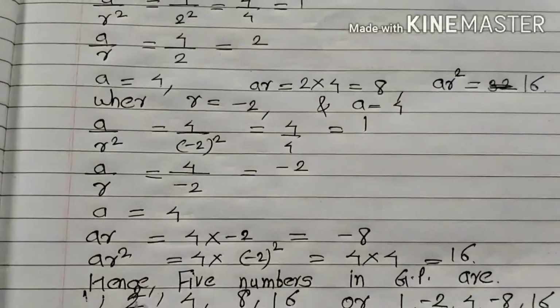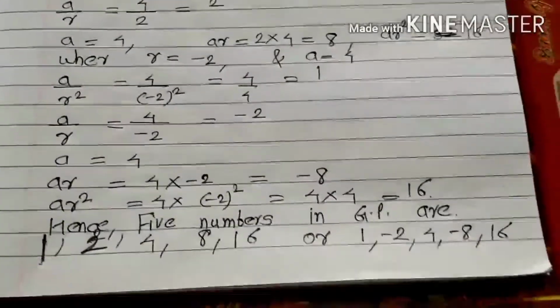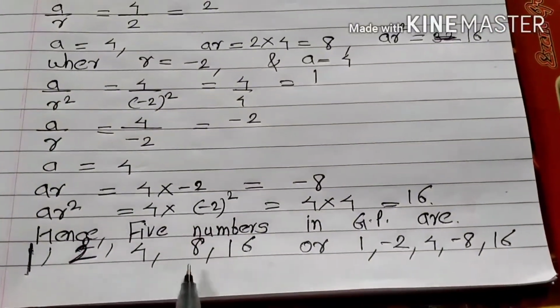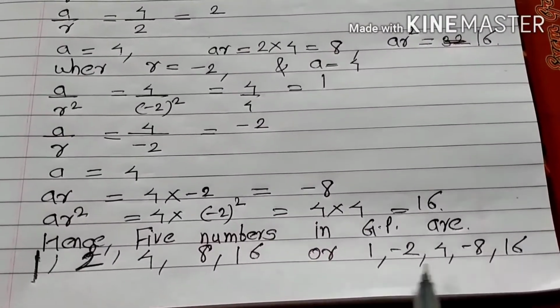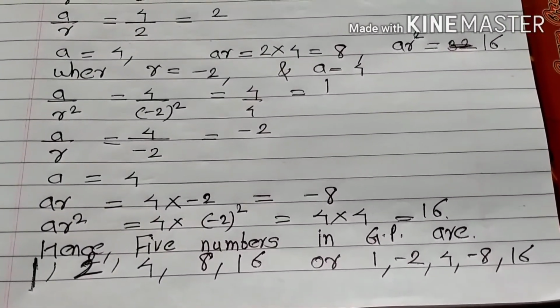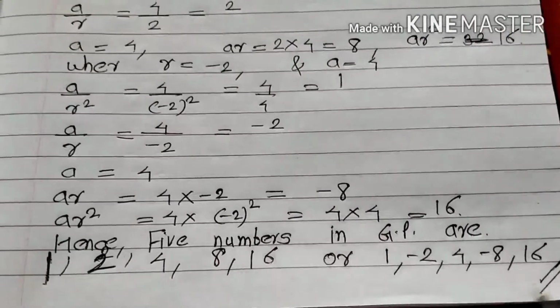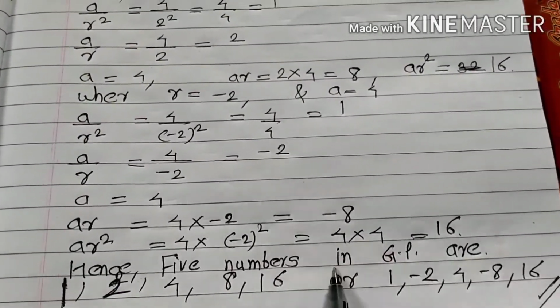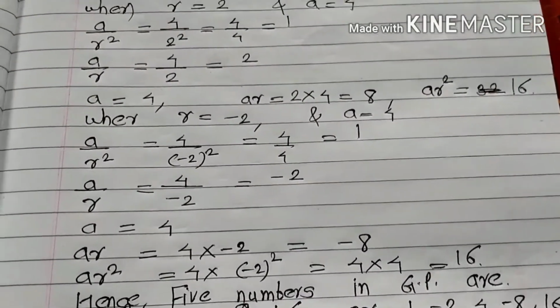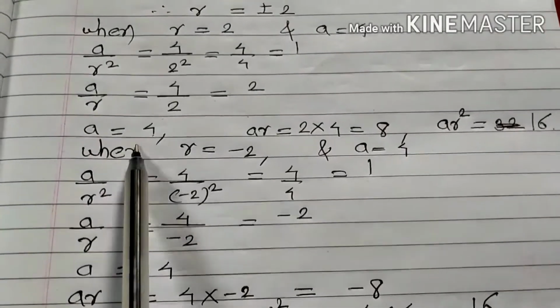So these are those 5 numbers: 1, 2, 4, 8, 16, or 1, minus 2, 4, minus 8, 16. In this way, we can find 5 numbers in GP with the help of a and r.